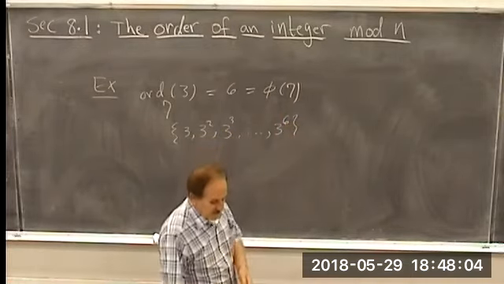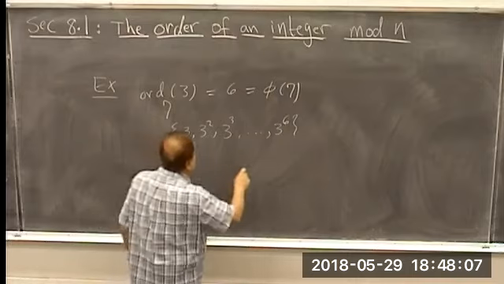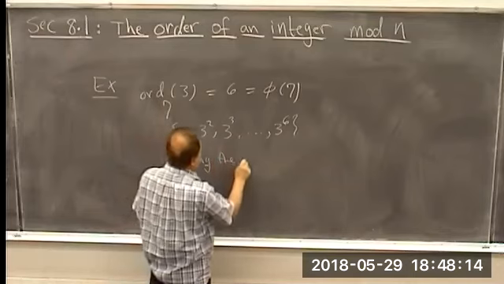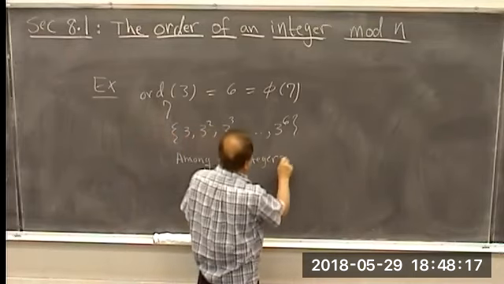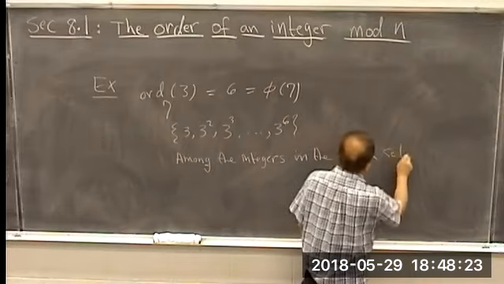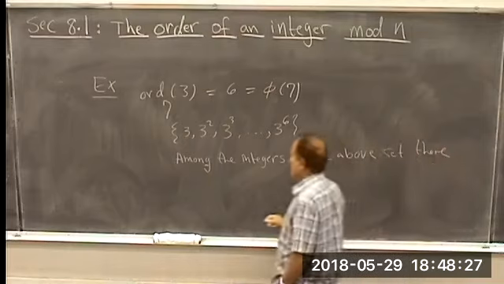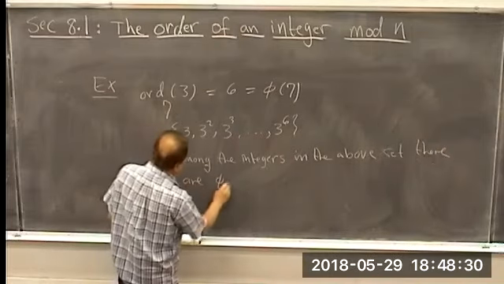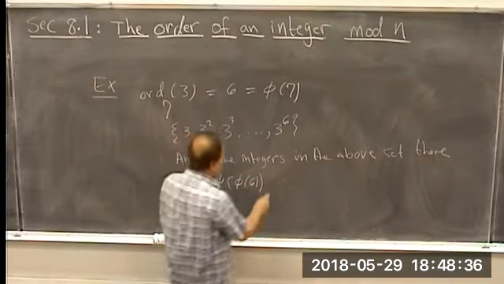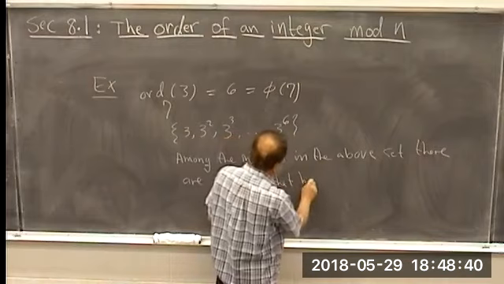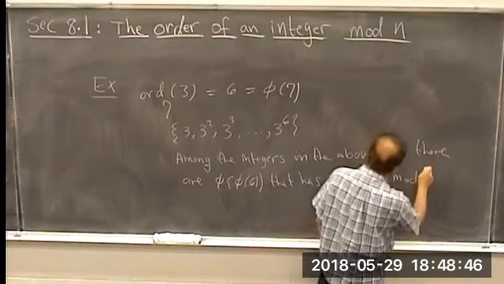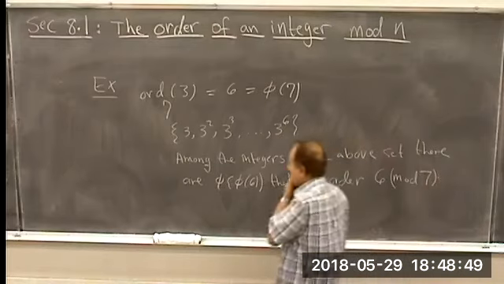The corollary says that among the integers in the above set, there are phi of 6 that have order 6 mod 7. That's what the corollary said.